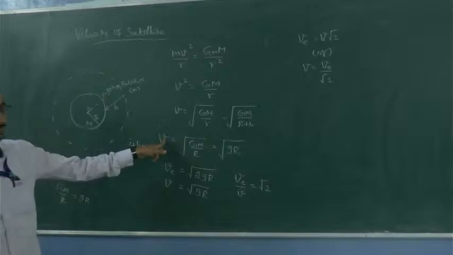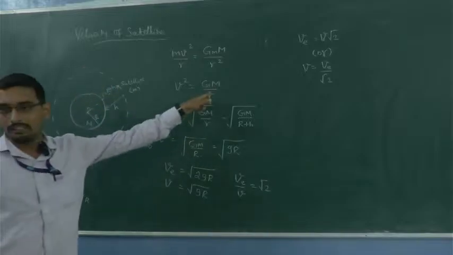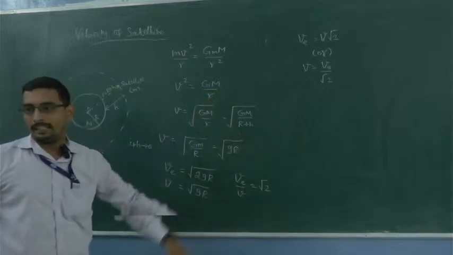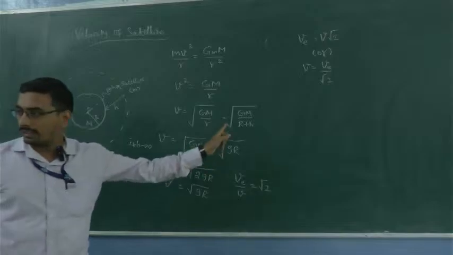So what is v, the velocity of the satellite? Its first equation is root over GM by small r. Further, small r can be replaced by R plus h. When h is negligible, v becomes root over gR.